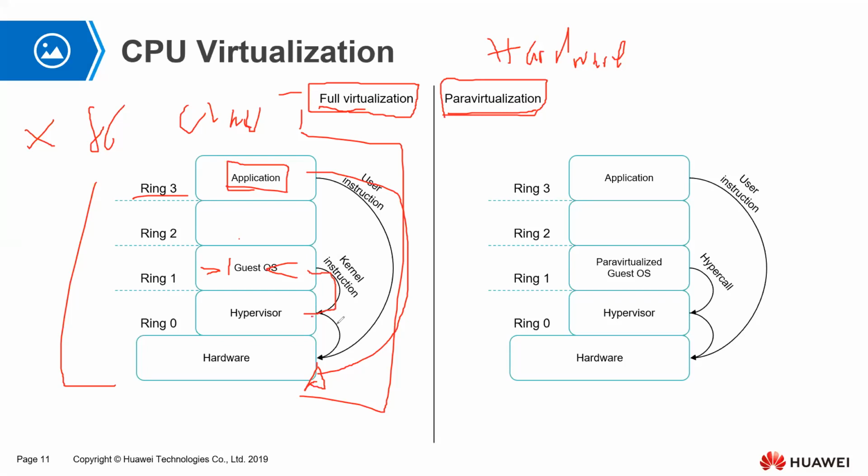Then the hypervisor calls the hardware resources. You can imagine there's a bottleneck, because every time all instructions are sent, we are giving our hypervisor a hard time processing all these instructions all the time.